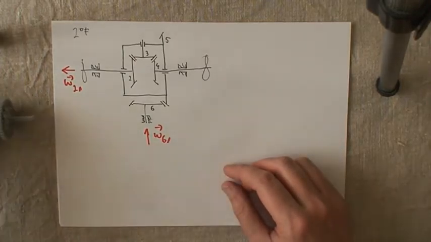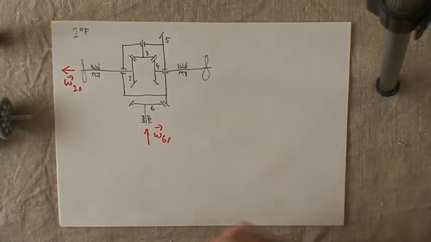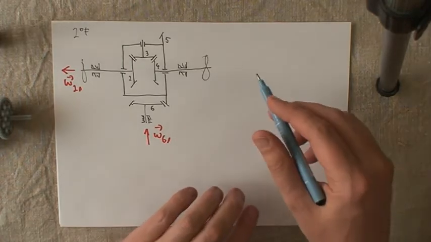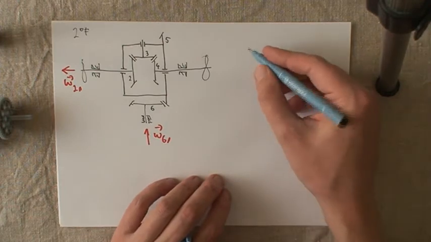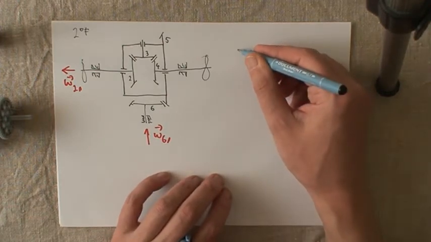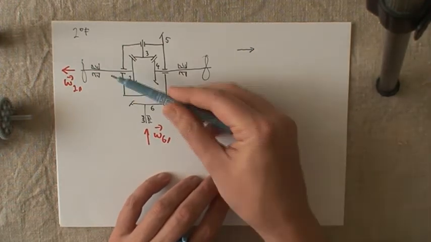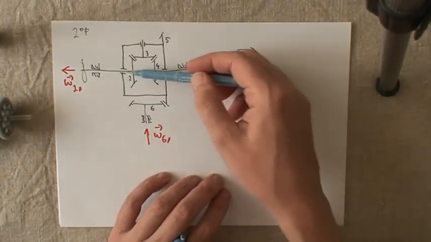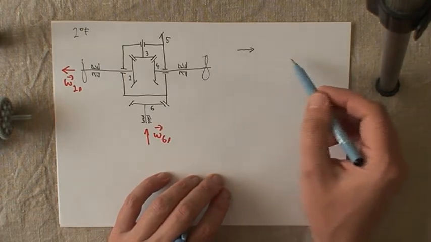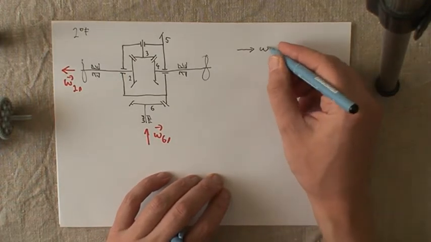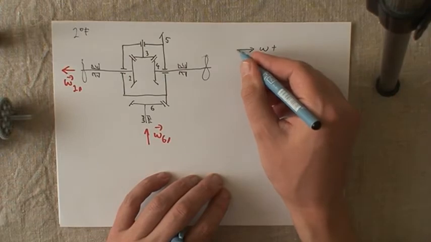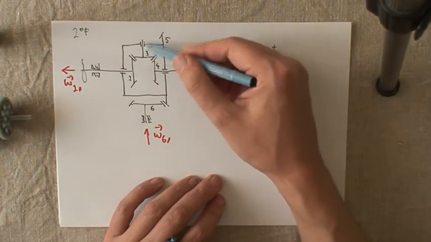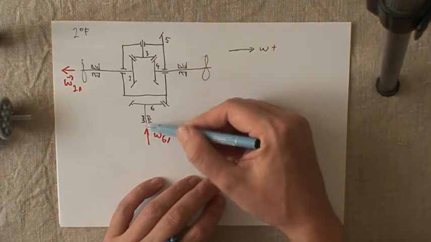So now it's a bit more complicated than the previous example because we have more directions of angular velocities. The first ones are 2 with respect to 1, 4 with respect to 1, 5 with respect to 1. These are horizontal. So we will have omega plus to the right, but 3 with respect to 5 is here, 6 with respect to 1 is here.